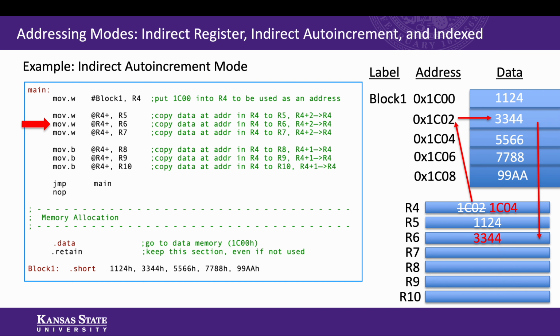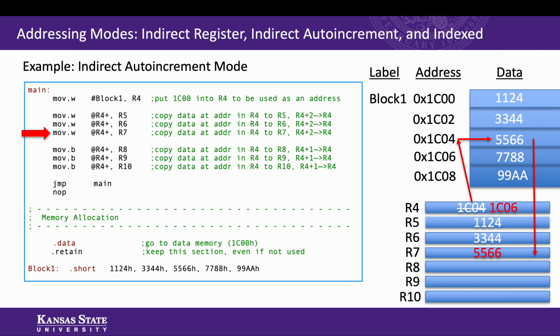When we move on to the next instruction, R4 is storing 1C02, so that points to address 1C02, and we get the data 3344, which we move to R6. Then, because this is auto increment mode, R4 is incremented by 2 again because we're operating on a word. So now R4, after this instruction, is storing 1C04.